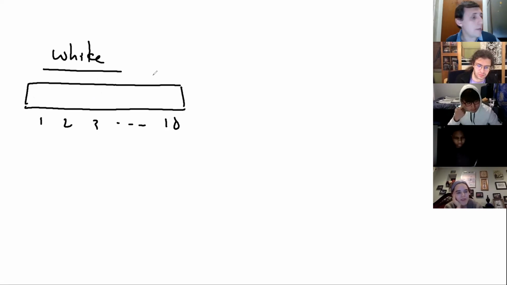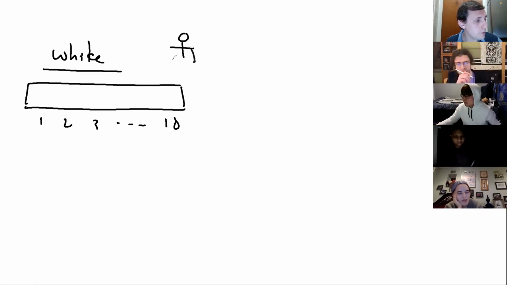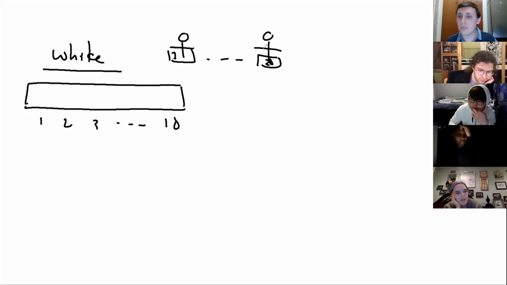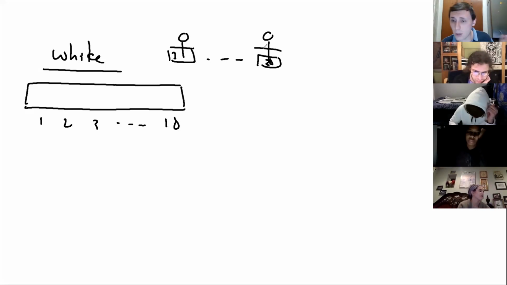I imagine that the individuals are assigned a number from 1 through 20. Once I select the particular 10 individuals who are going to play white, they will be listed from smallest rank to highest rank.